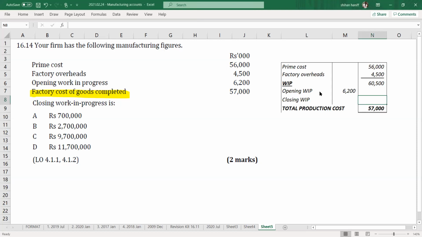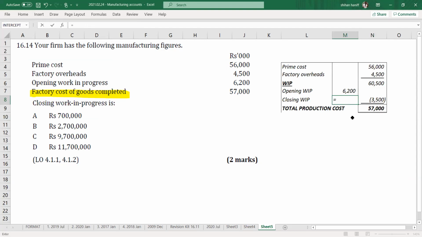Right. So let me do the answer. So net amount is 57 minus 6,500. So net is 3,500. So what is the closing work in progress?